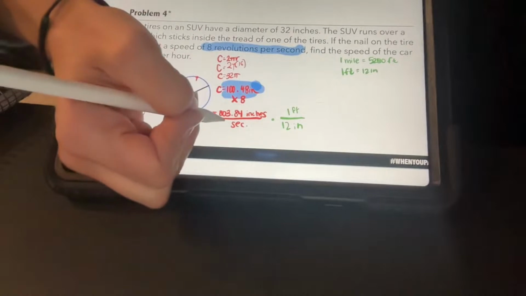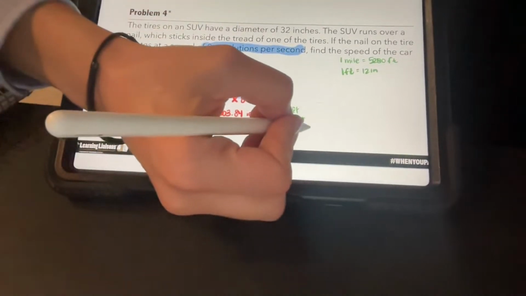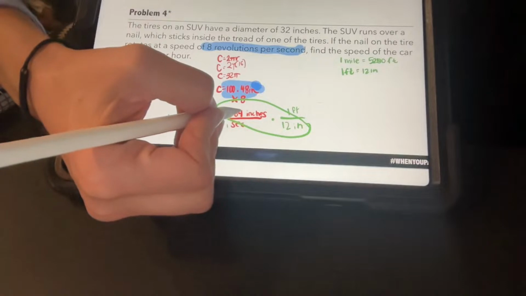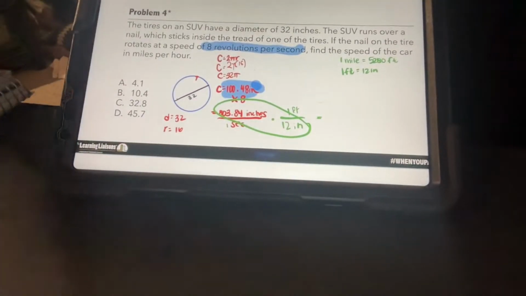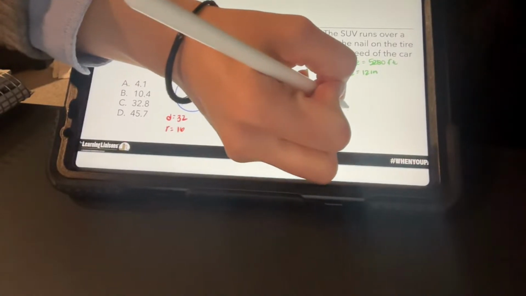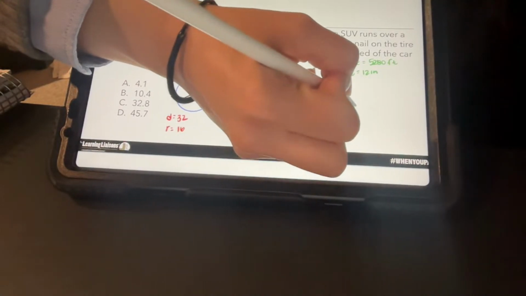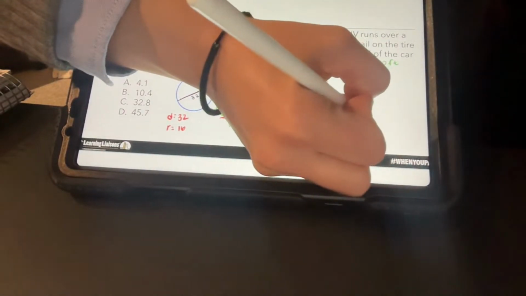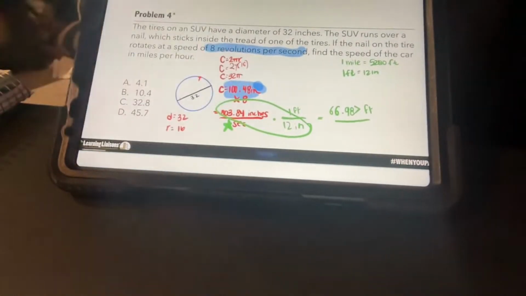Because I have a 1 and a 1, I'm going to divide these because I end up with 803.84 divided by 12. That's going to equal 66.987 feet per second.